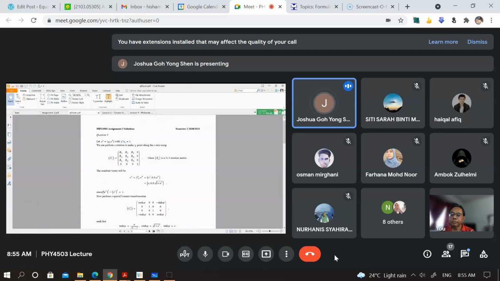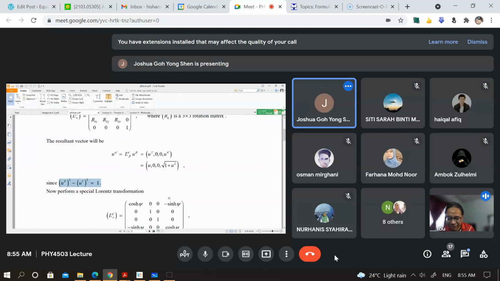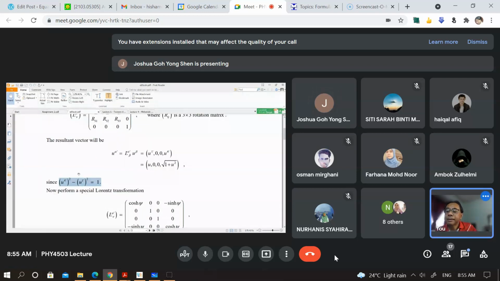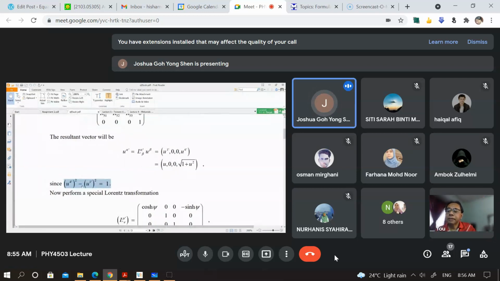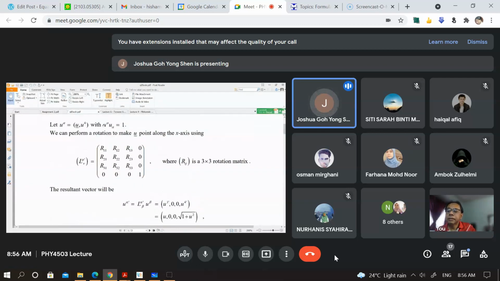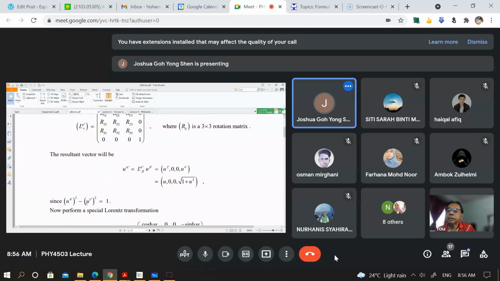How could we get this expression? If we were to expand this part, wouldn't we get u1 squared minus u4 squared equals 1 instead of this part here?